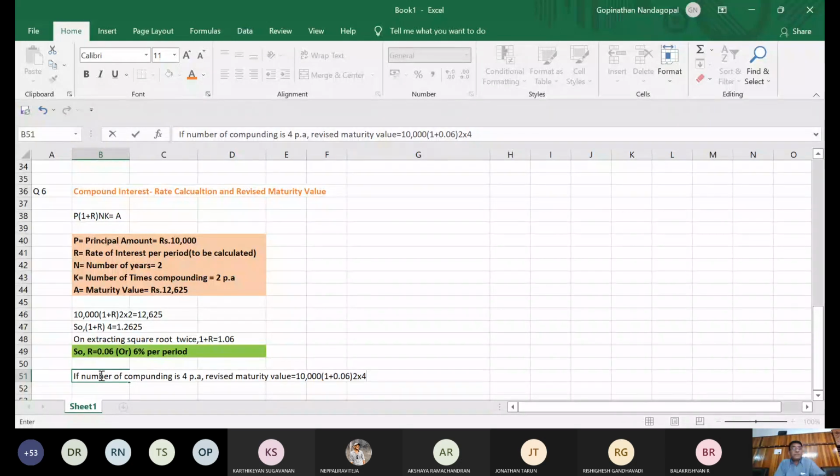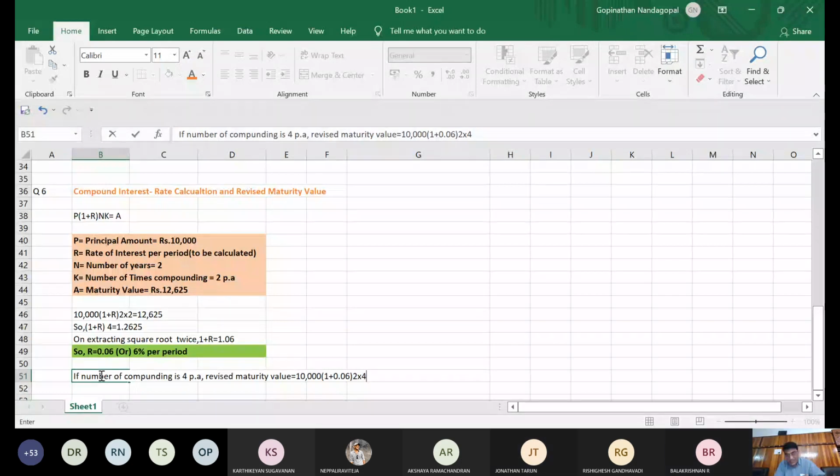Balakrishnan, have I answered your question now? No, sir. My point was that it should be 12% per annum. So 12% divided by 4 will be 3% per period. Here the per period rate will change, no, sir? Yes, the revised maturity value will change, I accept it.